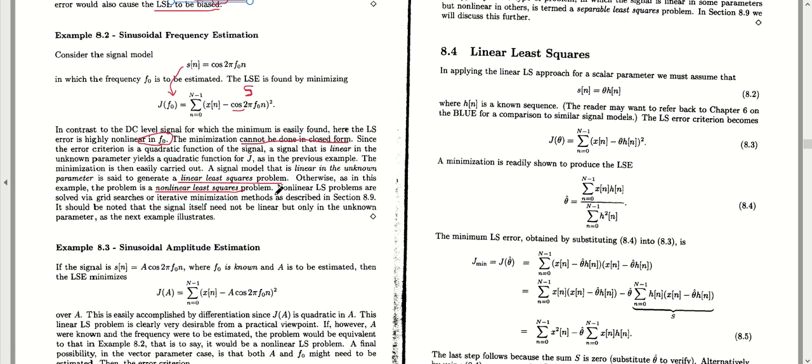One point to mention is that nonlinear LS problems are solved via grid search or iterative minimization, like the Newton method. What is a grid search? You cut f0 into many grids, for example from maybe 100 hertz to 1,000 hertz.